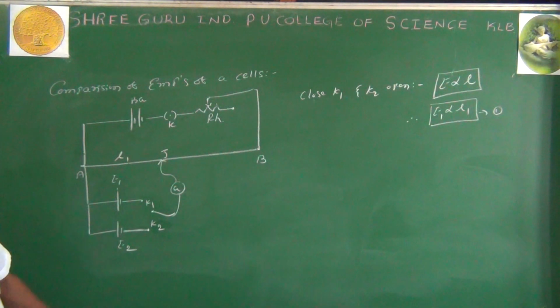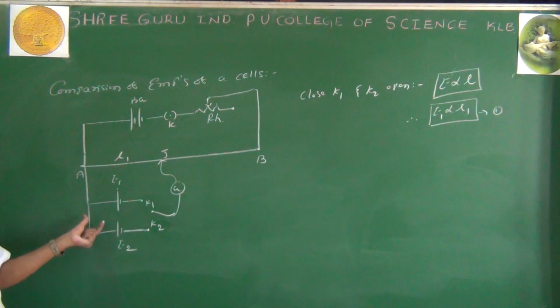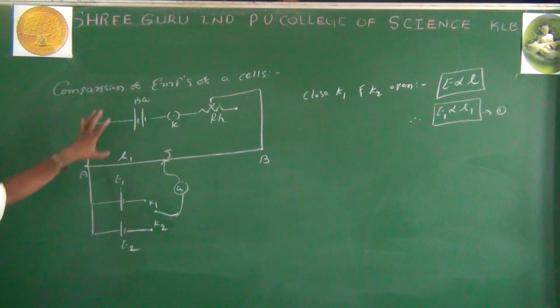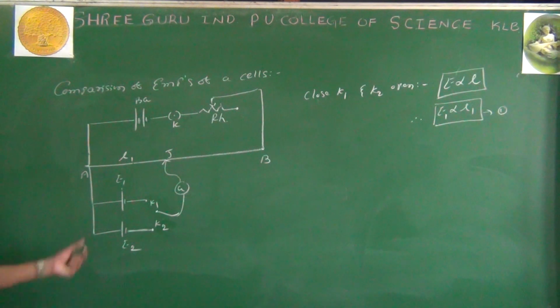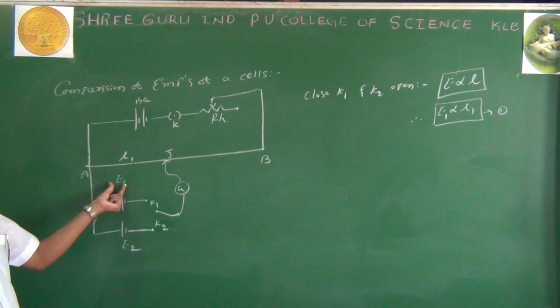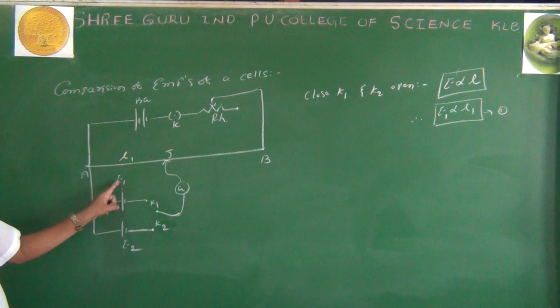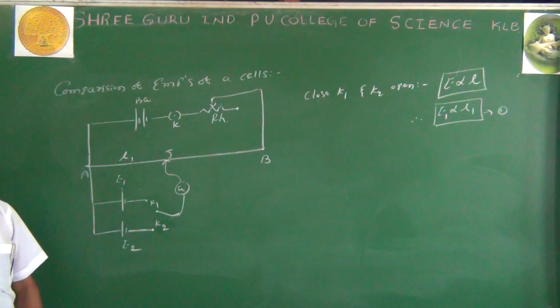What we have done: after arranging the circuit diagram, we have taken the two cells which are connected in parallel to the point A, and this circuit is called the primary circuit and this is called the secondary circuit. I want to know the EMF of the cell E1. By using the principle of potentiometer, I close key K1 and K2 is open, E1 is included in the circuit, then I go on sliding the jockey from point A on the wire of the potentiometer till we get zero deflection.